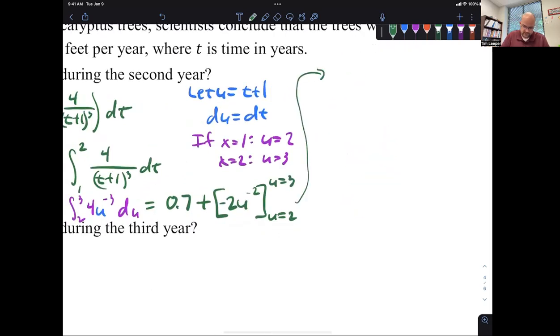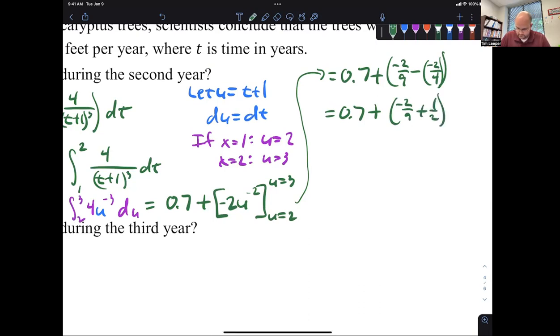Then if we plug that in, that's going to give us 0.7 plus negative 2 over 3 squared, so negative 2 over 9, minus negative 2 over 2 squared, that's 4, aka half. So plus a half.